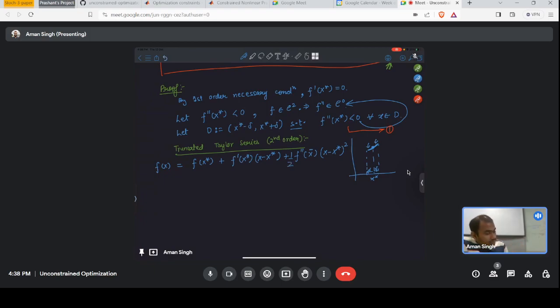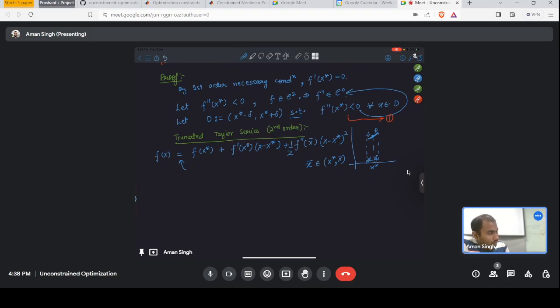This is what the truncated Taylor series of second order says: if you want to find the value of f(x) near a point x star, then you can find it like this. And please note, this is not approximate, this is exact. Now we'll use this.